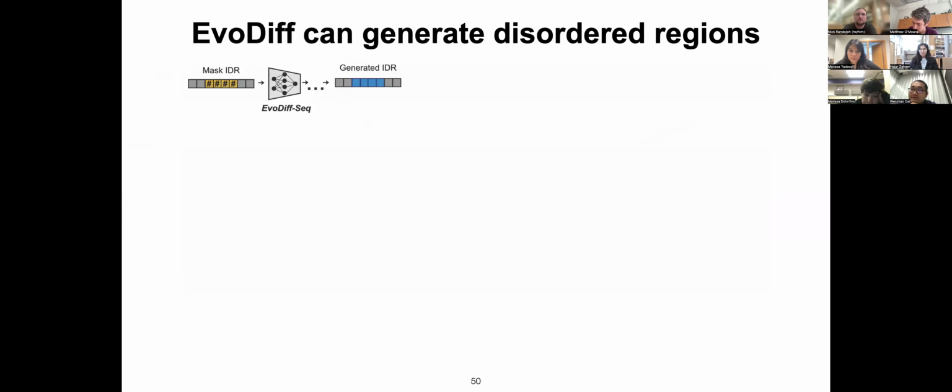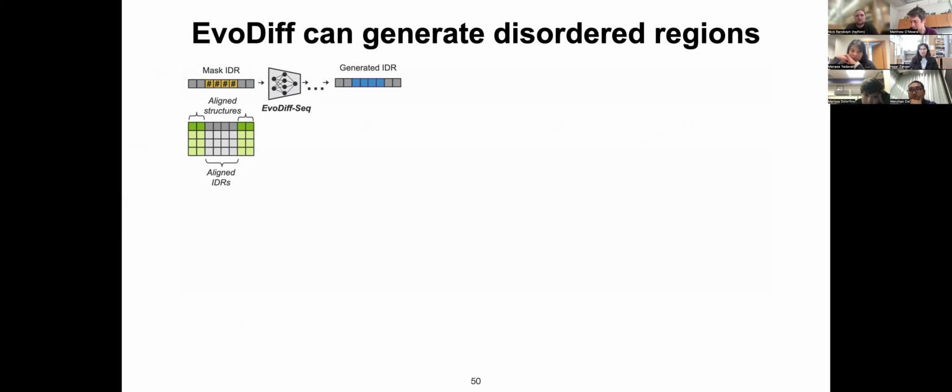So to test this, this is a similar workflow that we've been using, but we take an MSA, we take a sequence where we know the region of a disordered portion of that sequence, we mask out only that part, and then generate a new disordered sequence. We can do this again with our EvoDiff MSA model, where we can use a database of known aligned disordered proteins.